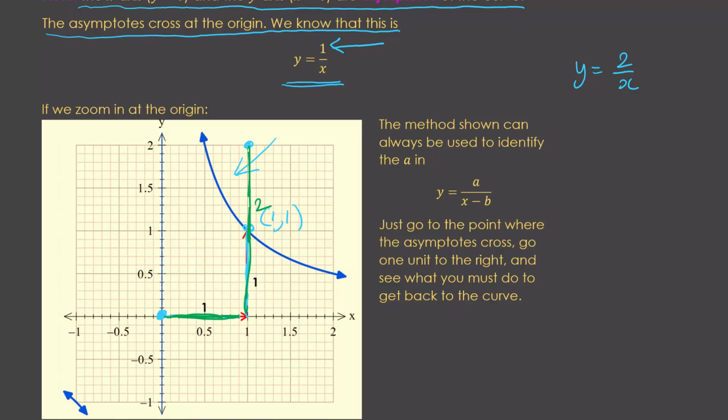So the method shown can always be used to identify the a in y equals a over x minus b. Just go to the point where the asymptotes cross, go 1 unit to the right and see what you must do to get back to the curve.